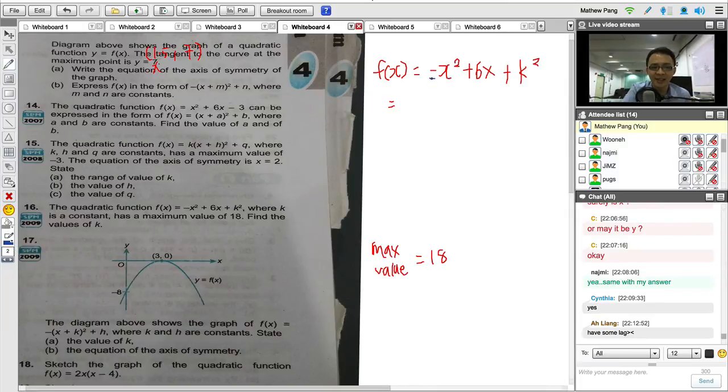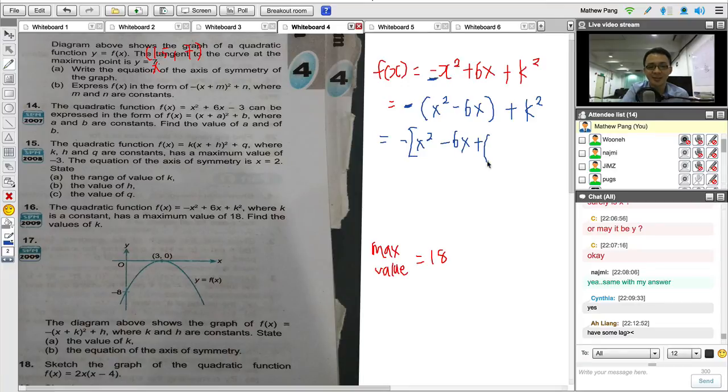I got some problem when I want to do the completing the square, because this is negative. In order to do completing the square, this coefficient must be positive 1. So what I will do is factorize out the negative from the first and second term. This is x squared minus 6x plus k squared. Then I copy the first and second term here, so it's x squared minus 6x.